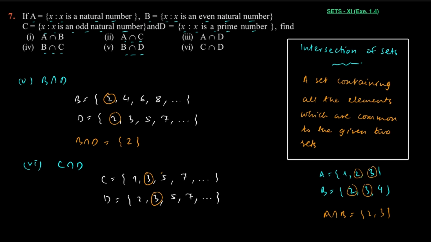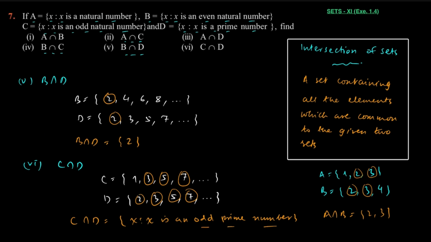We have 3, we have 5, we have 7. So here C intersection D will be x such that x is an odd prime number. Since all prime numbers except 2 are odd in nature and 2 is excluded, so we have mentioned odd prime number.